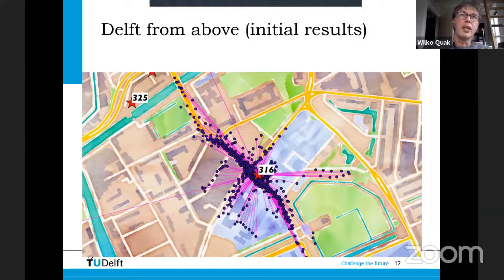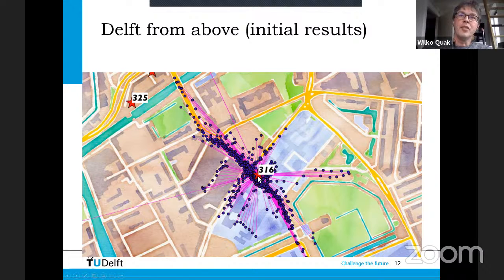And that link we really needed, because when we started to look at the data, it sometimes looked a bit weird. What happened is this. Here you have the architecture building, and here you have scanner 316.